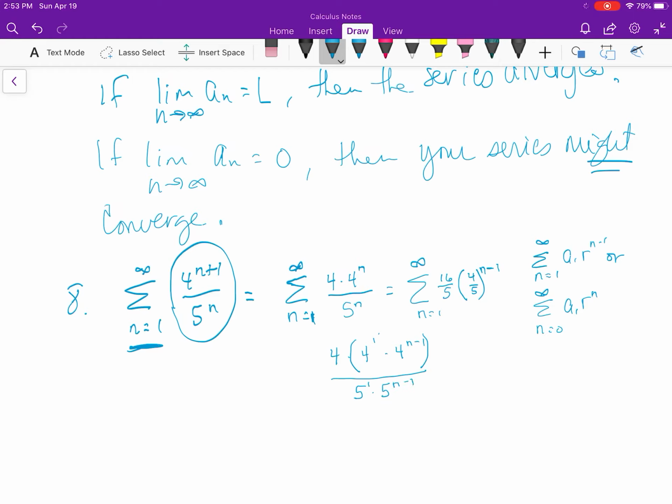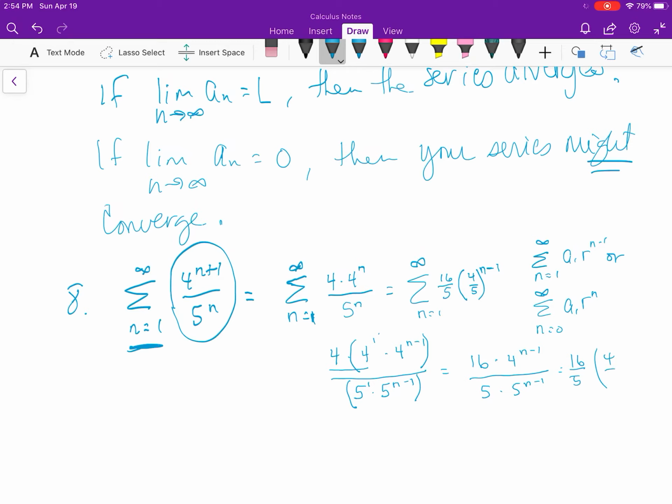Does that make sense? Because if I added all my exponents, I would have 4 to the n. And for this one, if I took a 5 out, 5 to the 1, this would become 5 to the n minus 1, and it still equals 5 to the n because when I have the same base and I'm multiplying, I add my exponents.